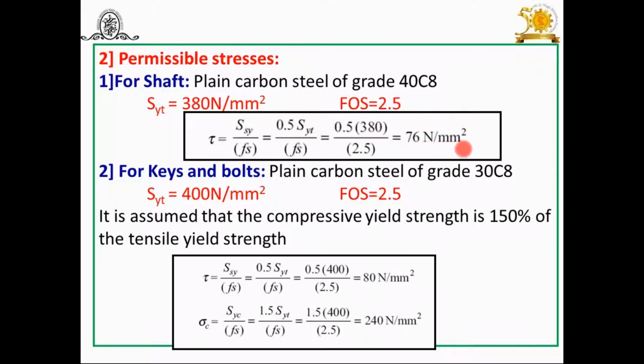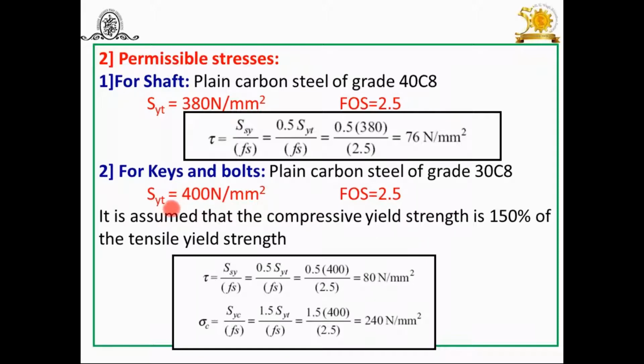This is 1. Then similarly, we can find out permissible stresses for key, bolt, and cast iron or flanges. Key and bolts are made up of the same material, that is 30C8 plain carbon steel. Here SYT is equal to 400 Newton per mm square, FOS 2.5. The key is going to fail against shear, bolts are also going to fail against shear, as well as the key is going to fail against crushing.